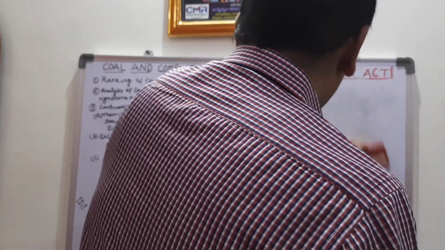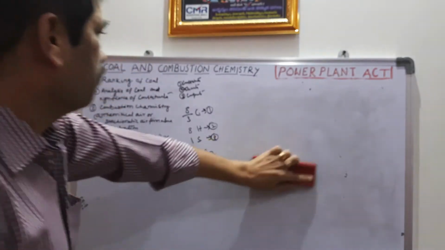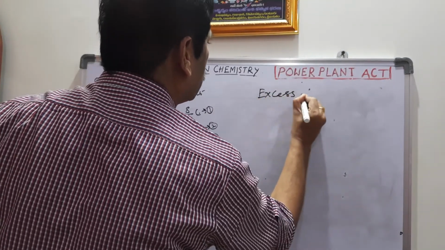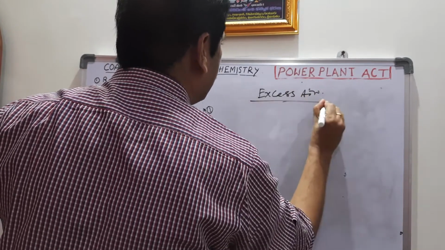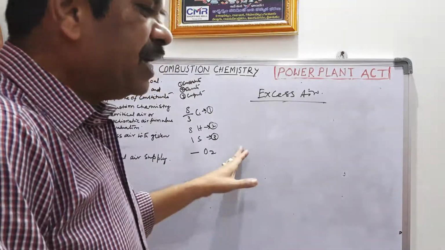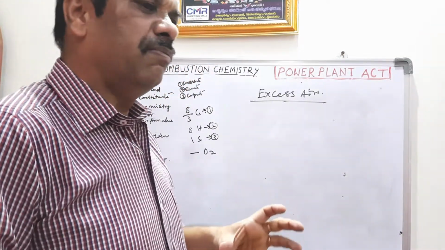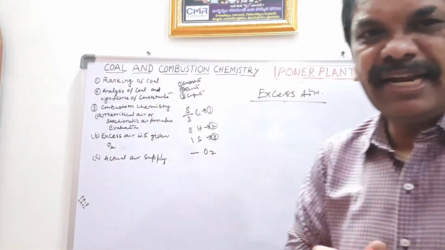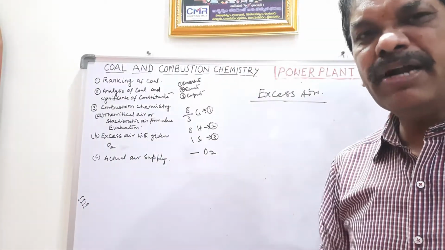Then we will find out the excess air. What is excess air? Actually, in combustion, you are providing theoretical air to take combustion of coal, but practically what happens?